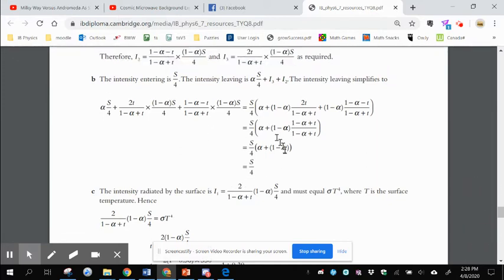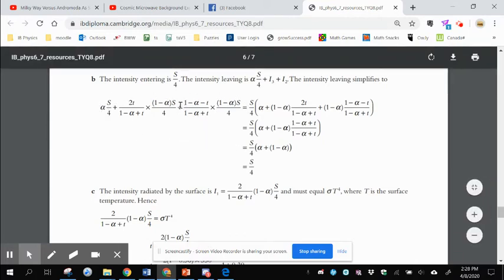So you just simply prove that how much energy is coming in, which is S over 4, and this is how much energy is coming out. When you manipulate all these alpha, S, and numbers, there are lots of simplifications, and you have just S over 4 left. Now you show S over 4 as input and S over 4 as output.